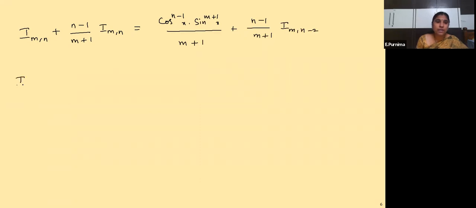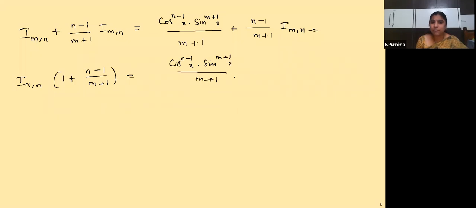Now I am taking I_{m,n} common here. So we get 1 plus (n-1)/(m+1), into I_{m,n}, is equal to cos^(n-1)x · sin^(m+1)x/(m+1) plus (n-1)/(m+1) into I_{m,n-2}.